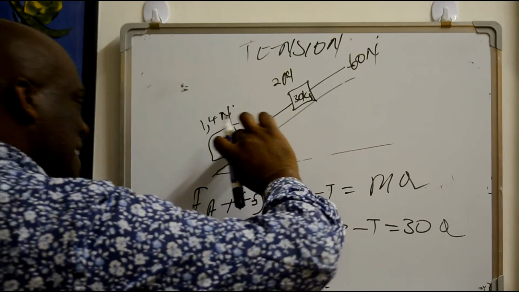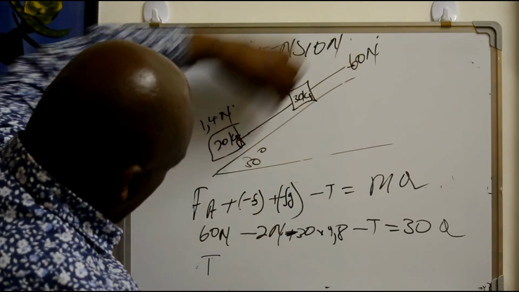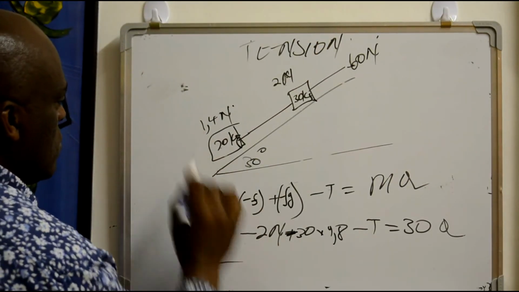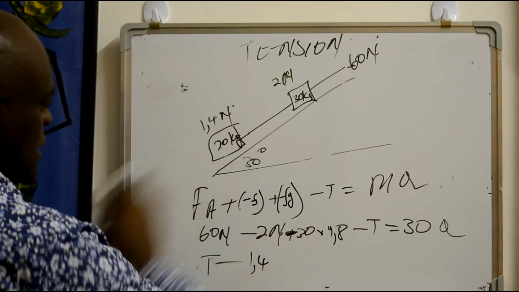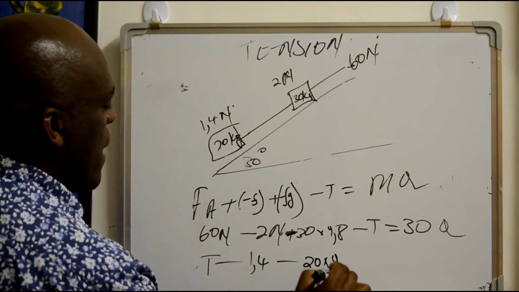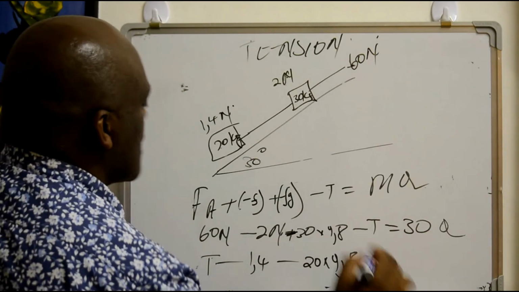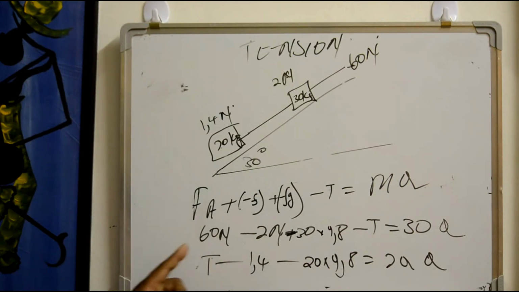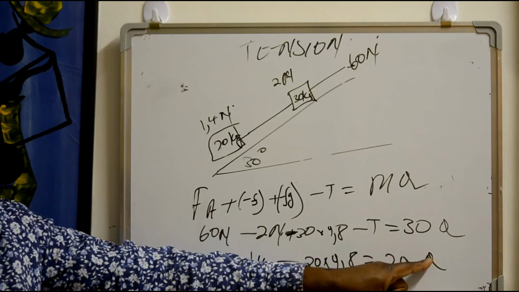For the 20 kg, the tension is acting upward. Then minus the friction, 1,4, minus the force of gravity, which is 20 times 9,8. That is equal to mass times acceleration, which is 20 times a. Then you solve the equations, cancel the tension, and you can evaluate the acceleration.